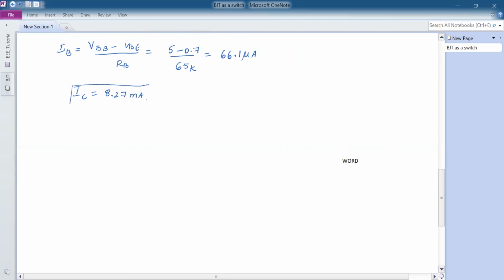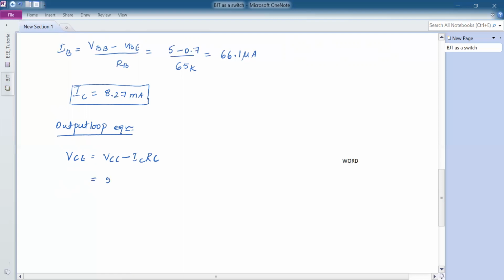Okay. So now, for the same case where input voltage is 5 volts, we need to write an output loop equation. So we know that output loop equation is VCE is equal to VCC minus IC into RC.